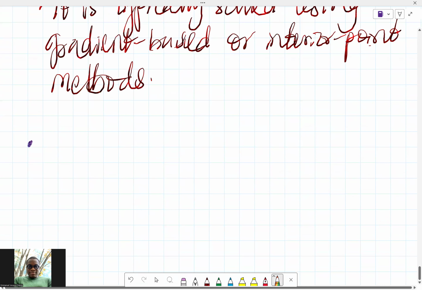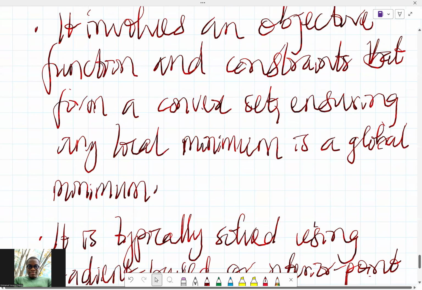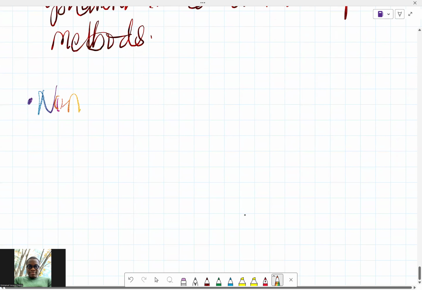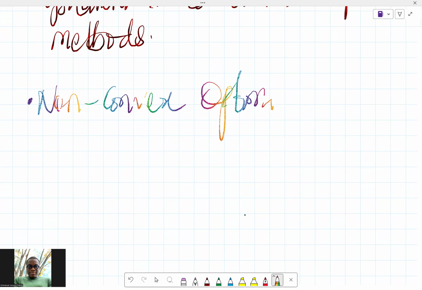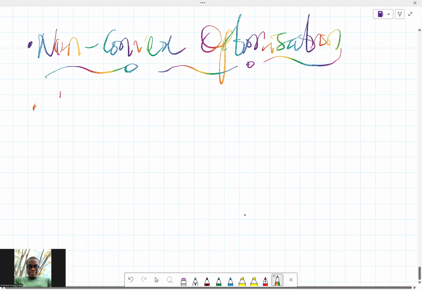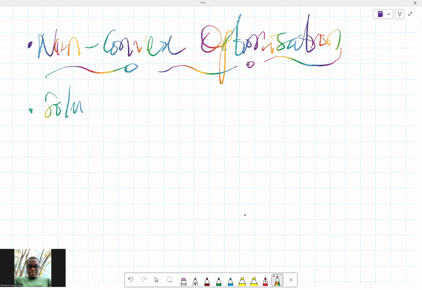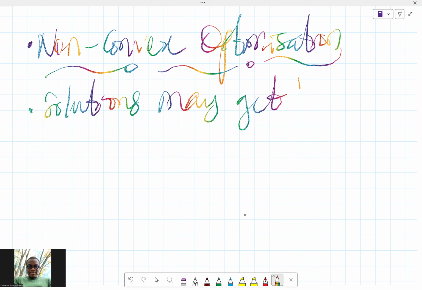Non-convex optimization. So here, solutions may get trapped in local minima.